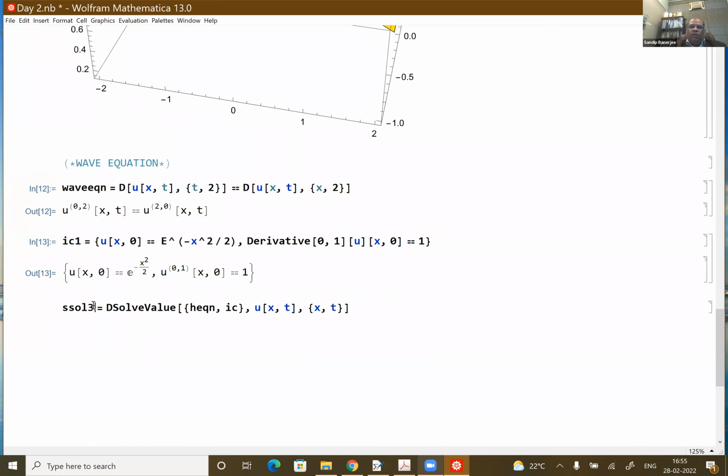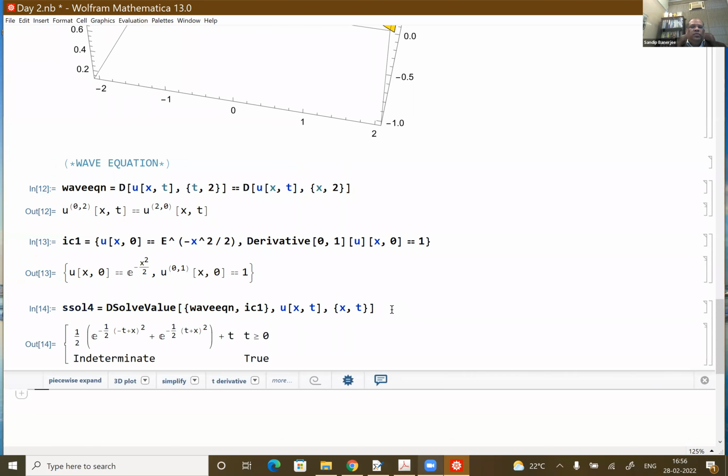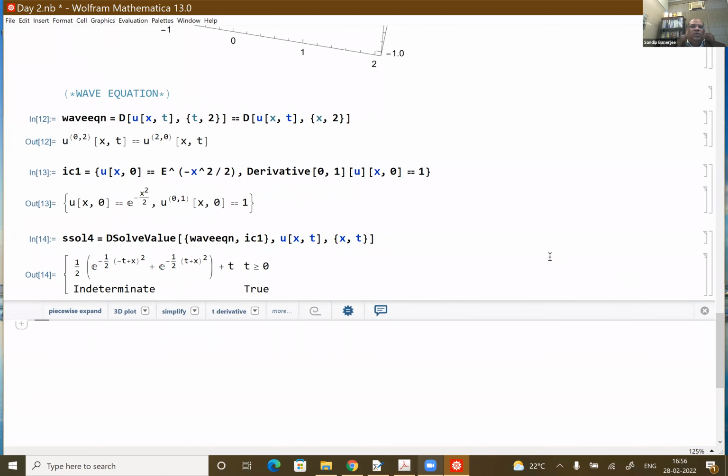So I make it 4. This is now IC1. This is the wave equation, u[x, t], and this should give me a solution. Okay. It gives a solution.